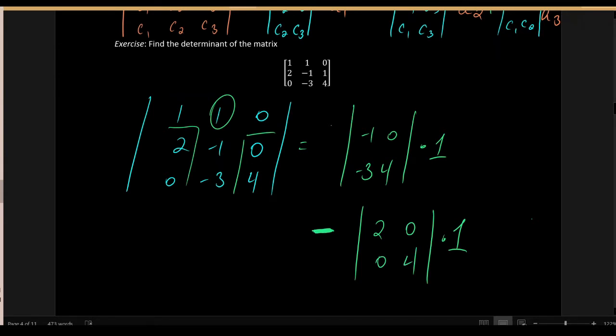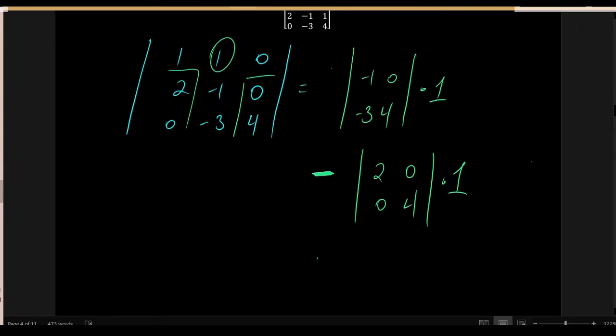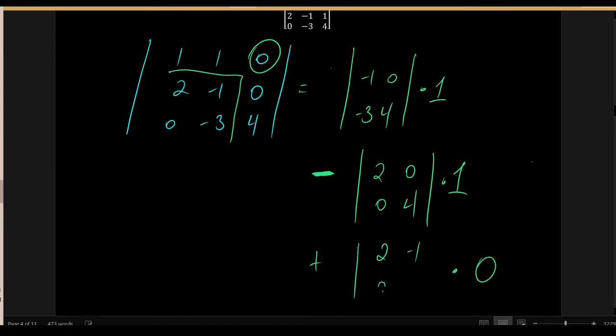And then alternating sign back again, I'm going to add the number in the third column, top row, 0, times the determinant of the matrix that I get by excluding that first row and that third column. 2, minus 1, 0, minus 3.